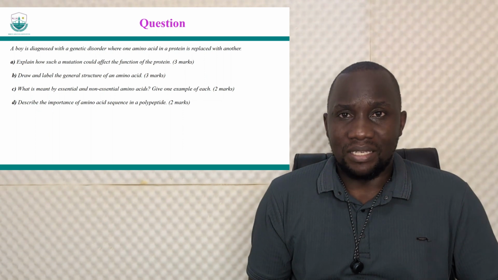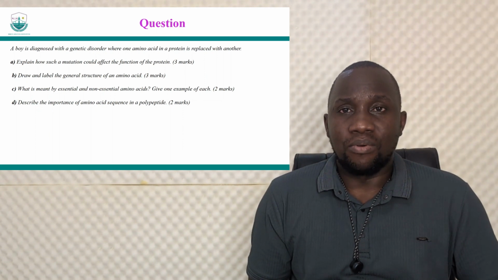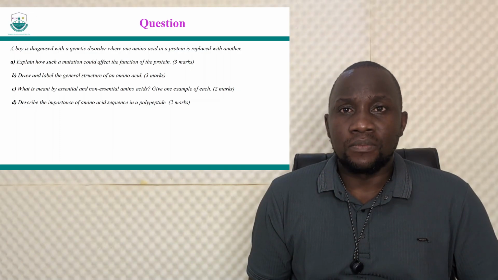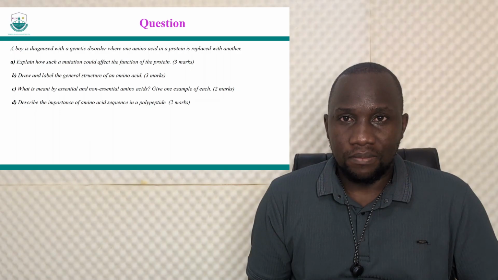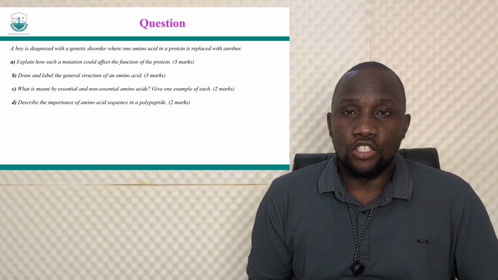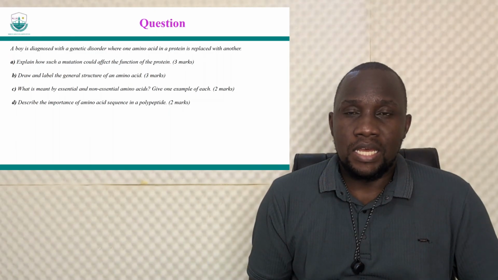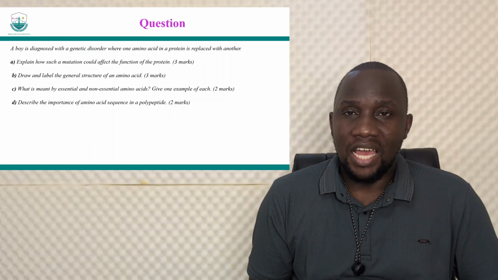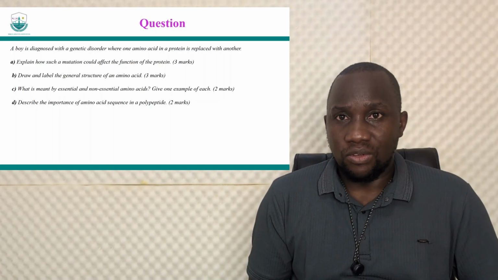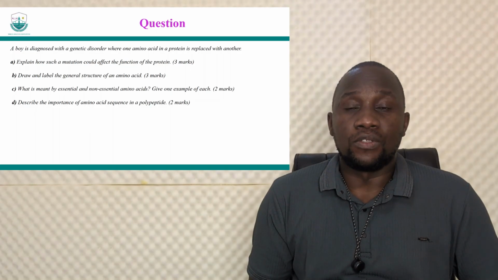And when that happens, it's a problem with the mutation. So what mutation means is that you have a change either in the genes or in the structure of the chromosome. And sometimes these mutations are dangerous. That does not mean that you cannot have mutations that are positive.